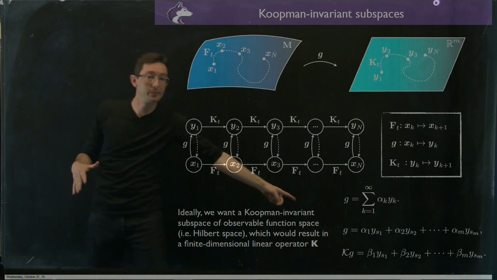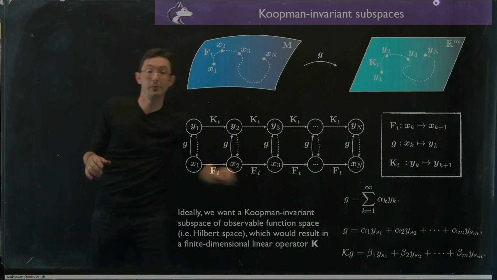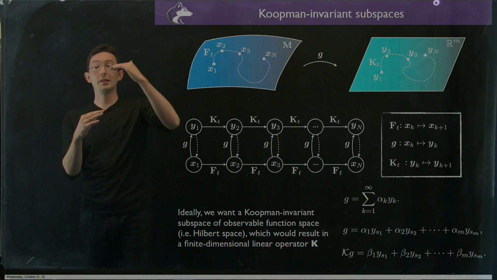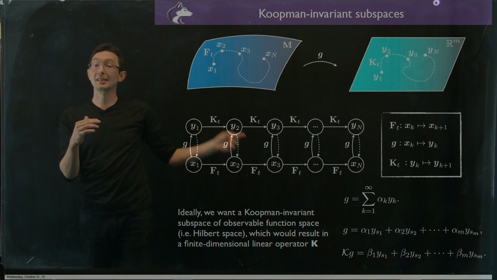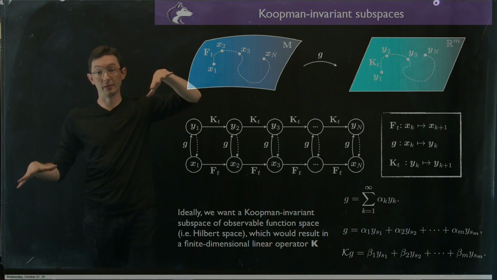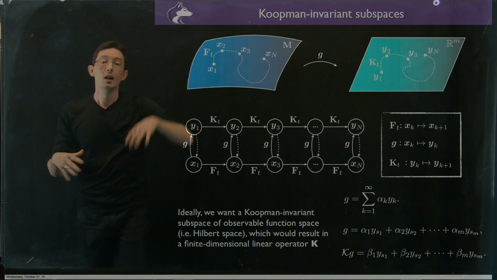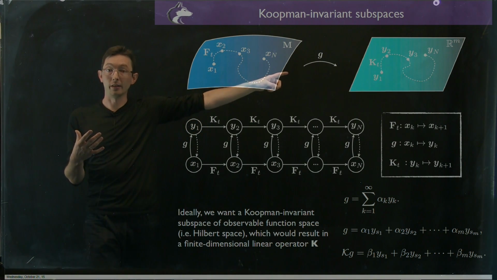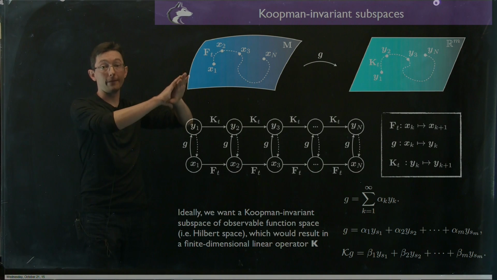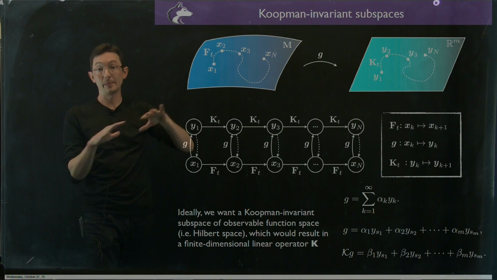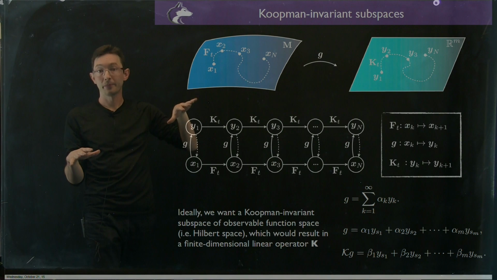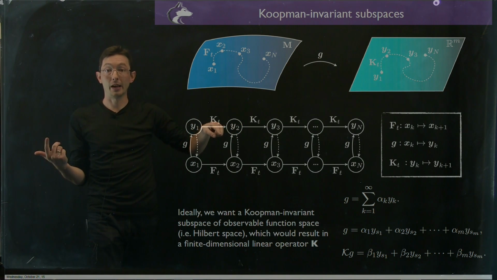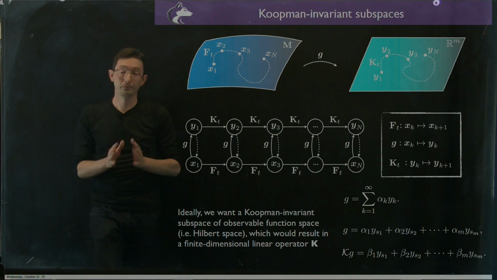So that if I have some observable function g that is written as a linear combination of these eigenfunctions, when I hit that measurement with my Koopman operator, it stays in that subspace spanned by those eigenobservables. And so you can always take measurements which are eigenobservables of the Koopman operator, and you can define a finite dimensional subspace of your observable Hilbert space, where your Koopman operator restricted to that subspace is just an m by m matrix, which is really cool.